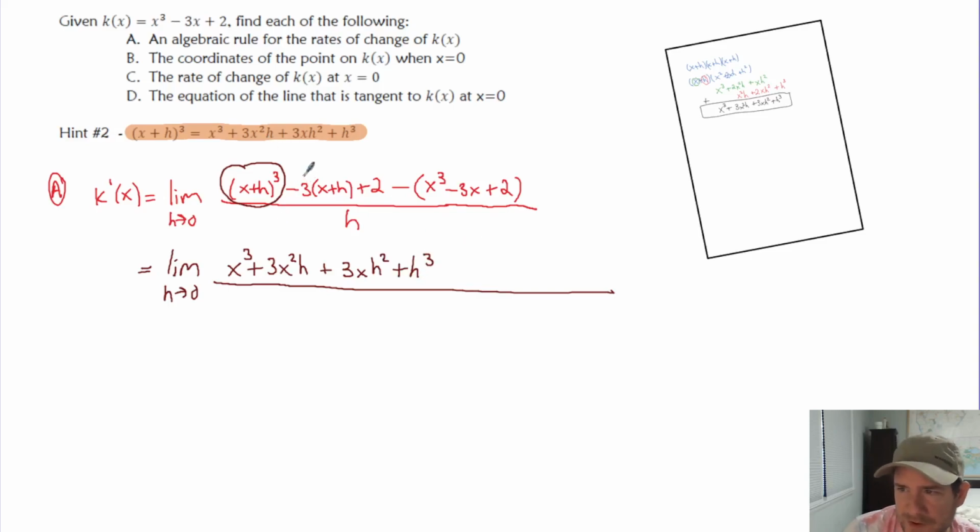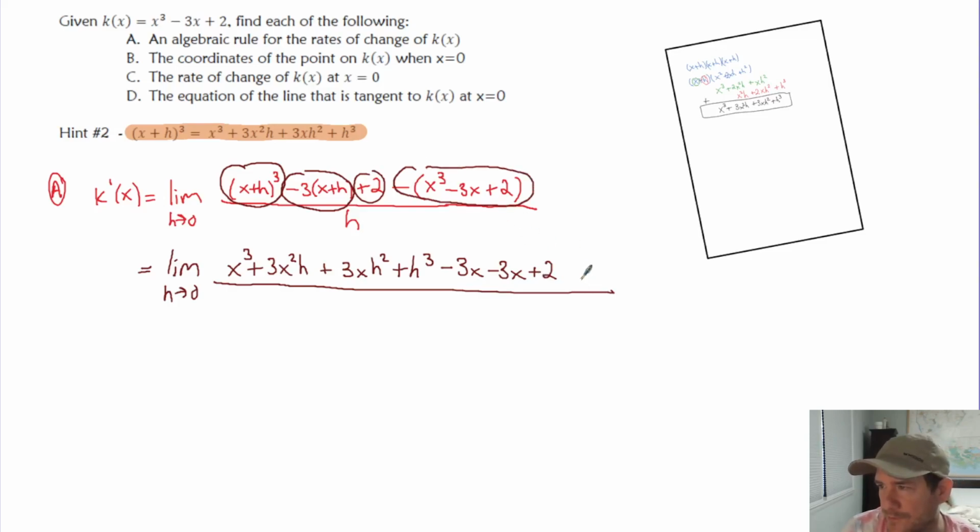Okay, now we're moving on to this guy, which when we distribute will give us two more terms. So minus 3x minus 3h. Then we just have a plus 2, bring that down. A lot of people forget that guy, by the way, so try not to. Then we distribute this negative and we get three more terms. So we get a minus x cubed plus 3x and minus 2.